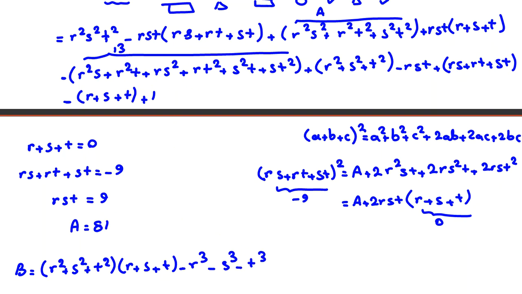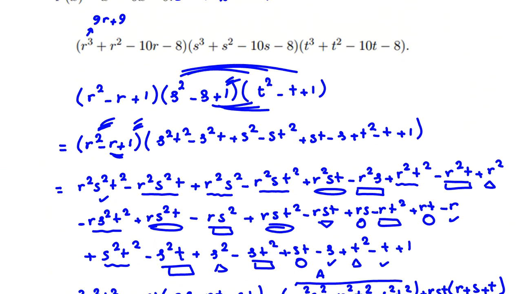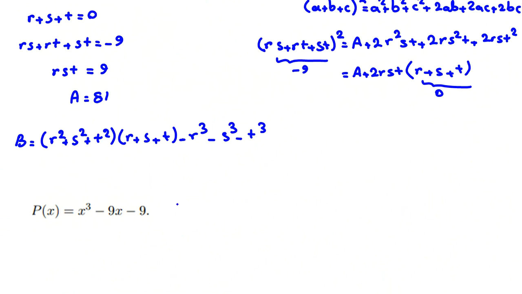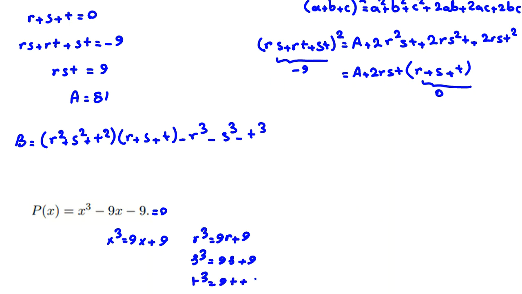Because our polynomial is p of x equal to x cubed minus 9x plus 9, we can calculate this part. When p of x is 0, x cubed is 9x plus 9. So r cubed is 9r plus 9, s cubed is 9s plus 9, t cubed is 9t plus 9.